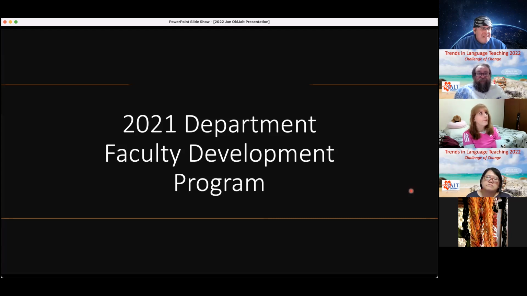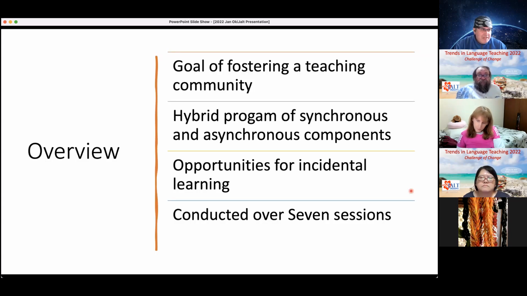In the faculty development program for this year, 2021, I had this overview. Foster a teaching community. In the past, faculty development has mainly been like 1 or 2 how-to meetings a semester. This is how you do this. This is how you do that.